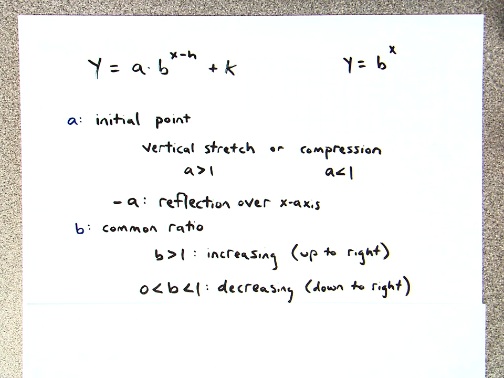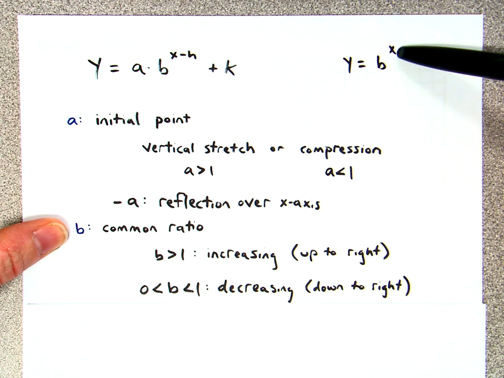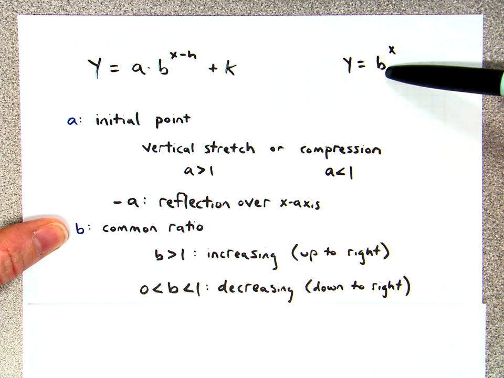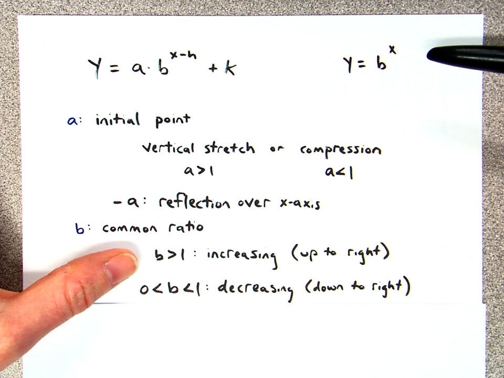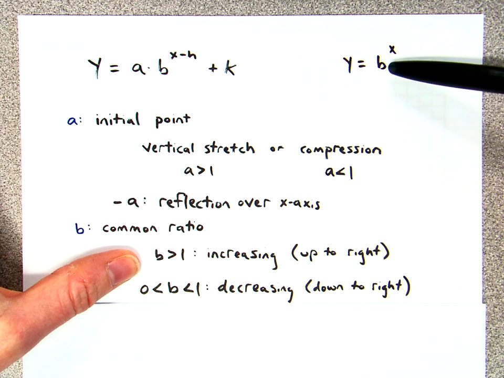Right? If you're familiar with geometric sequences, then we know that b is a common ratio. So if you want to think of it as that, we can still do that. So b is a value that keeps getting multiplied, right? Because the exponent is how many times we would have this guy multiplied by itself. So if the common ratio is bigger than 1, then we're going to keep multiplying by a value to get bigger.